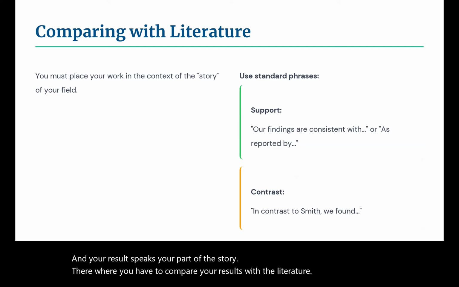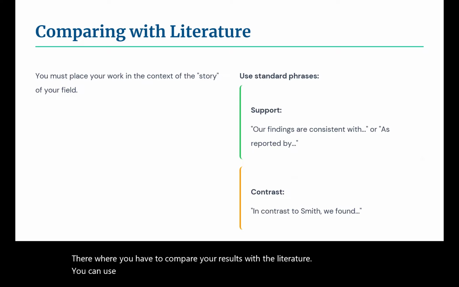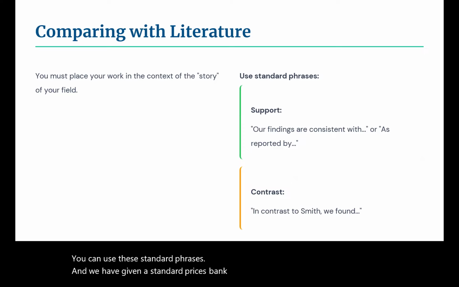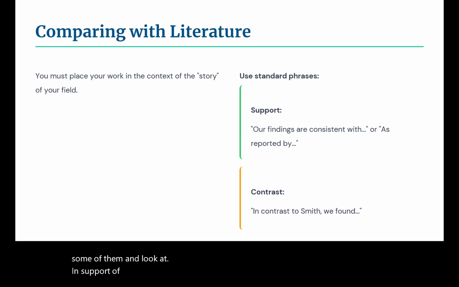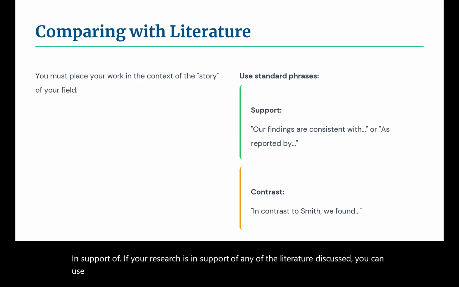You can use standard phrases, and we have given a standard phrases bank for you. It is shared on Moodle. You can use some of them. In support of, if your research supports any of the literature discussed, you can use supportive phrases like: our findings are consistent with, and so on.